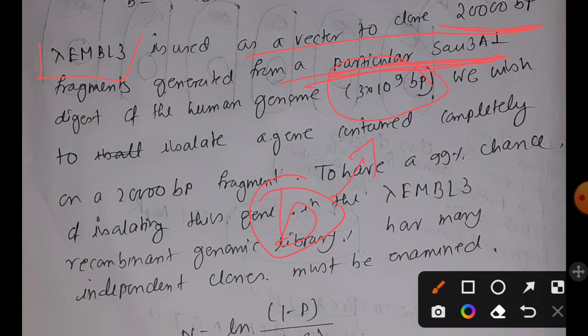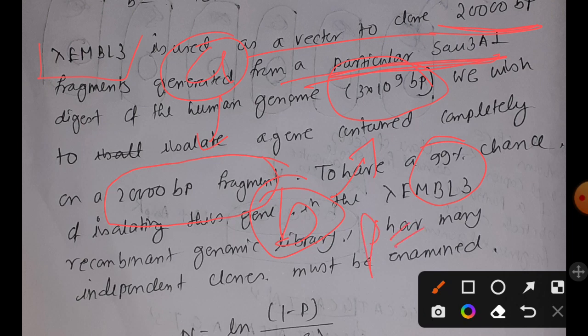Similarly, we wish to isolate a gene contained completely on a 20,000 base pair fragment. Okay, that means here they are telling us about A, that is the average size inserted into a vector. Okay, so to have a 99% chance, that means it is the value of P, right?